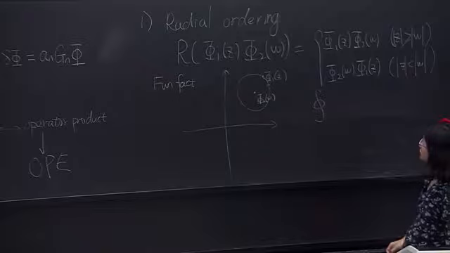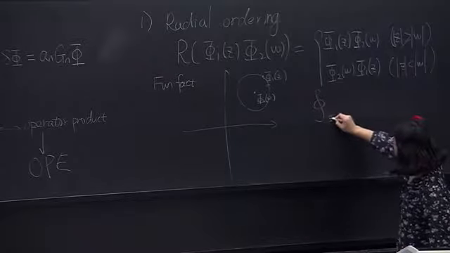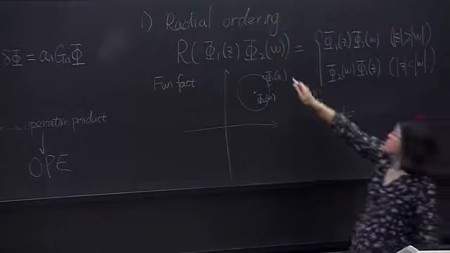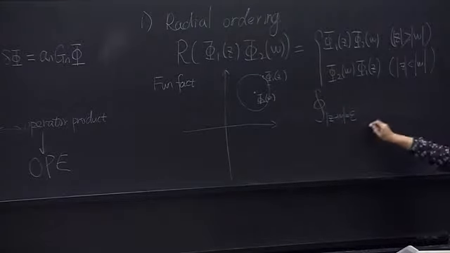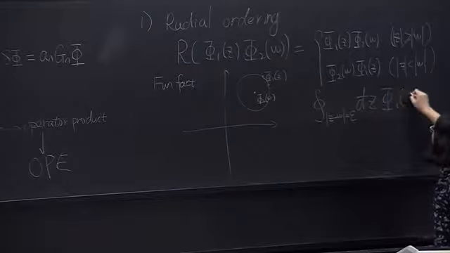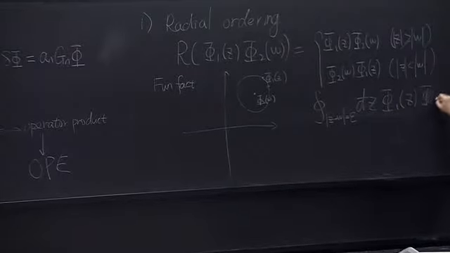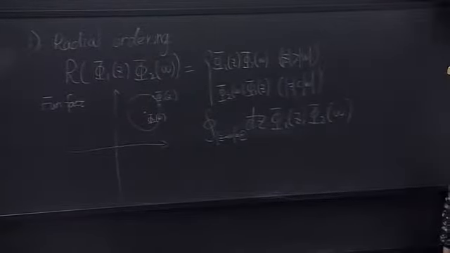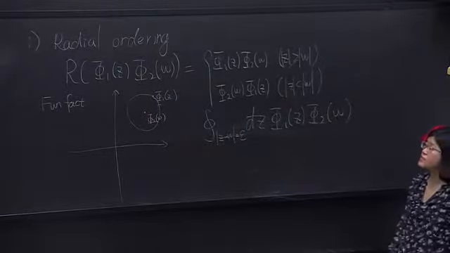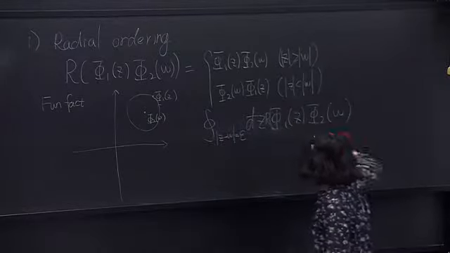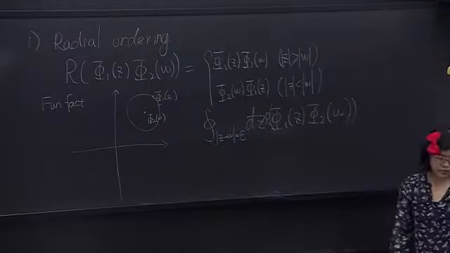So we're trying to do an integral where z is on a circle around w. And then we ask this question, what is this thing? In order to do this contour integral, we should remember they are radially ordered.